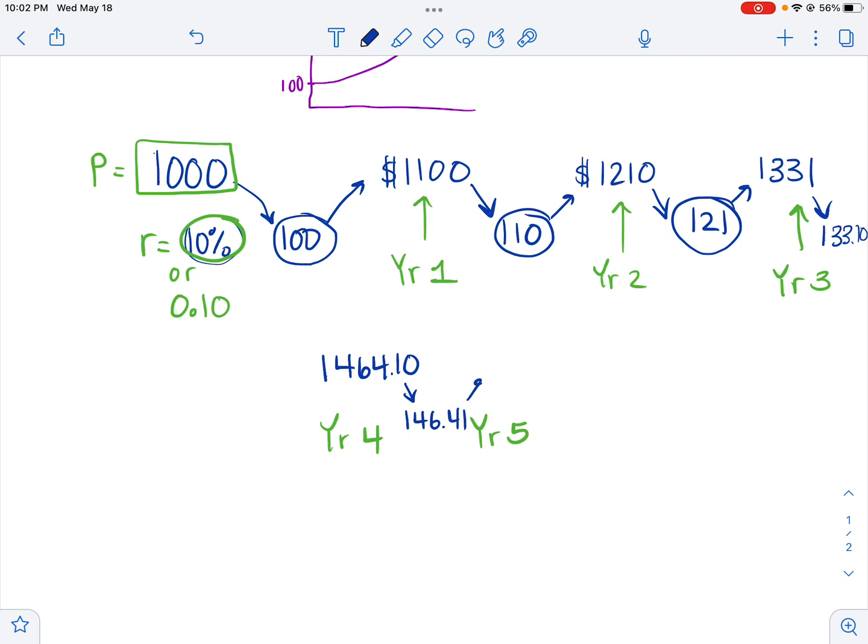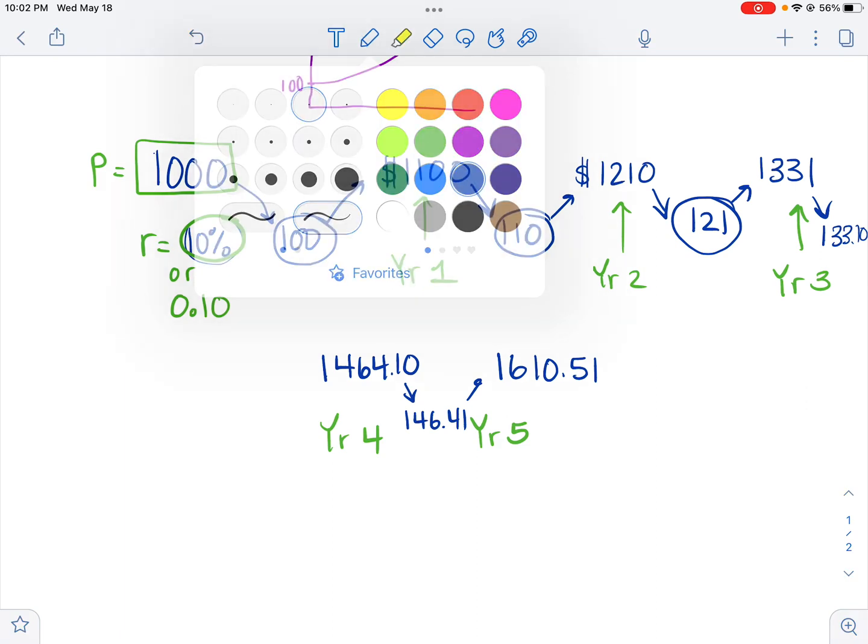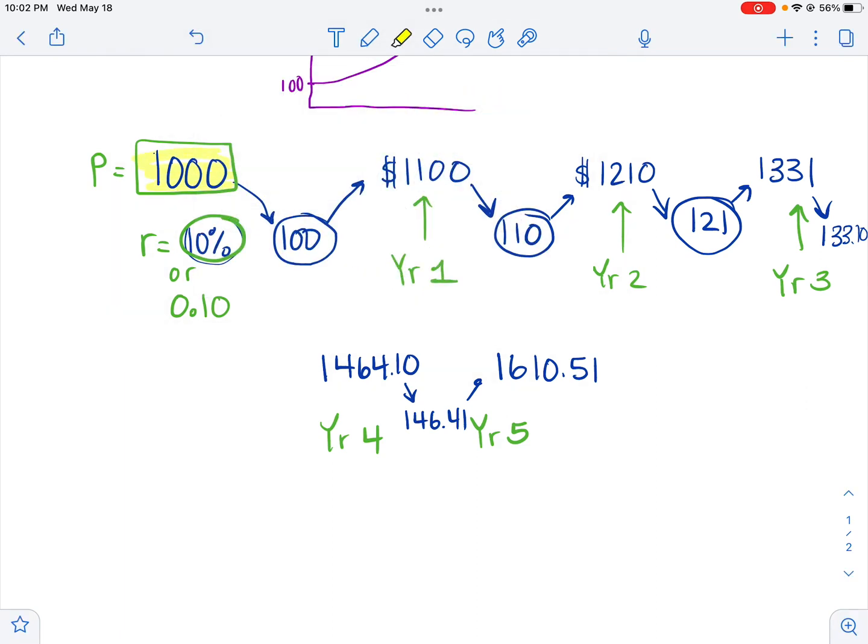So then in year 5, we would end up with $1,610.51. Okay, so we started with an initial investment of $1,000, and after 5 years, we have about $1,600.